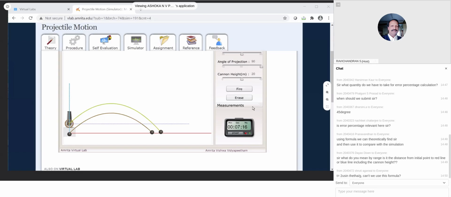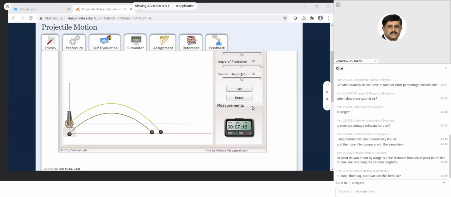You have to check whether, even if you raise the cannon, the initial velocity is taken. I do not know how the timer works. In the simulator, we kept the velocity constant, the same velocity, but here we are varying the height of the cannon, and the range is also different. That means definitely the time of flight will also be slightly different.